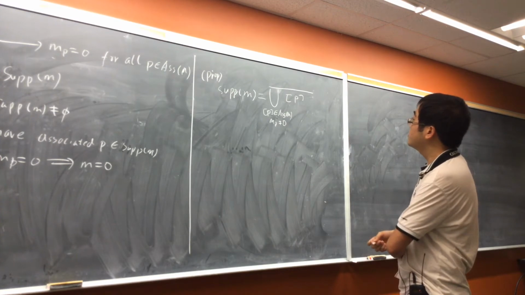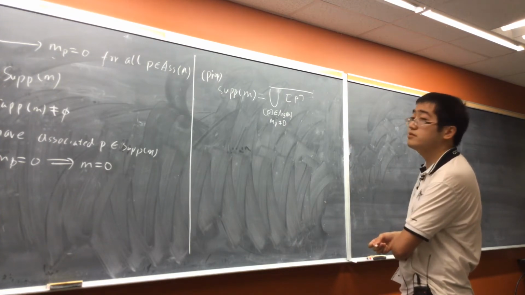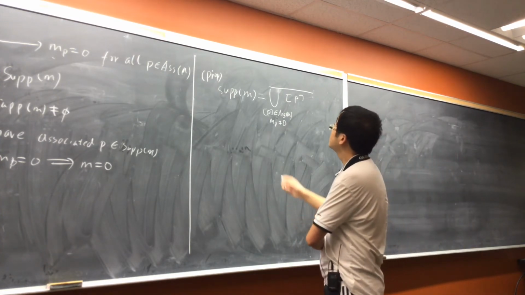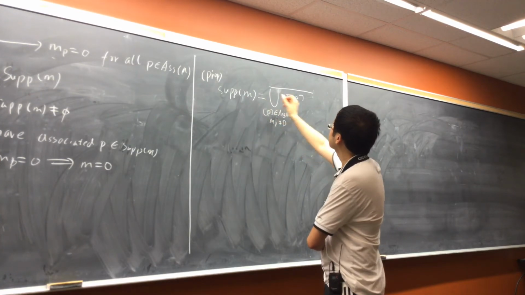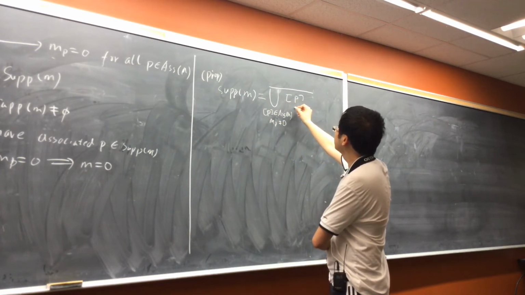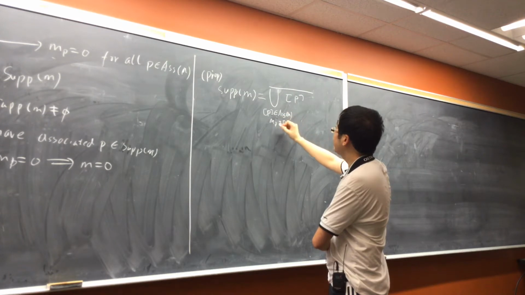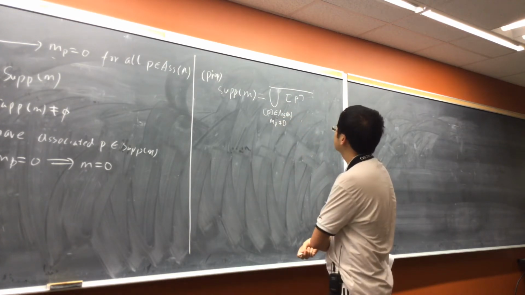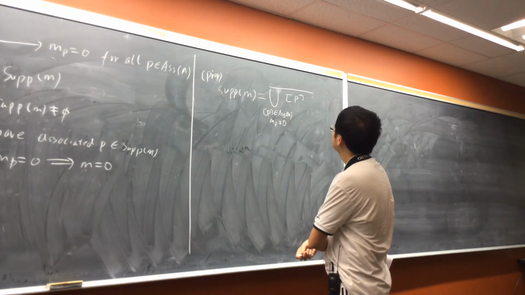This is actually just another way to look at the definition: the support of M is the closure of the union of associated points that have non-zero M_P.